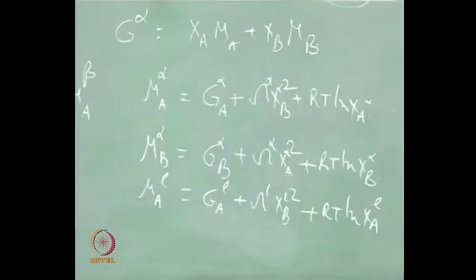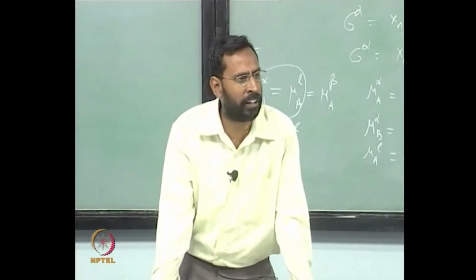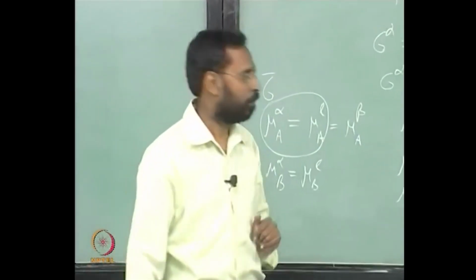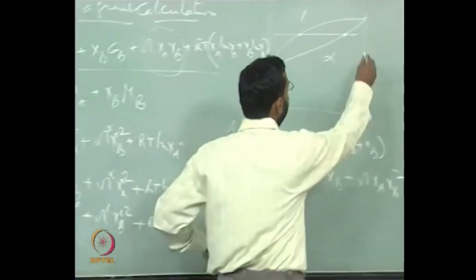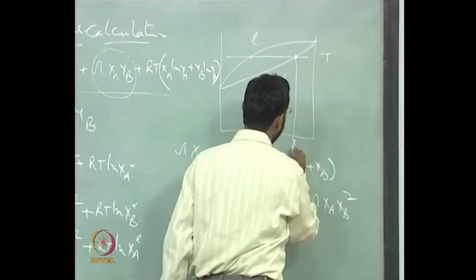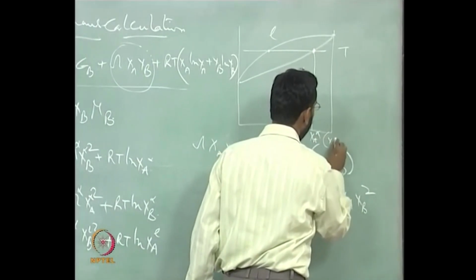Whenever you want to find a phase diagram, when I am talking about calculation of a phase diagram, what is our interest? Equilibrium compositions at different temperatures. That means at this temperature T, I want to find out what this is in terms of XA alpha or XB alpha, one of the two.